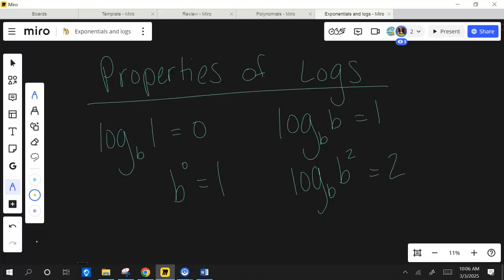What this is doing is pulling this exponent off, and that's what it equals. So log base b to the 5th power would be 5. As long as these numbers are the same, this is what it equals.